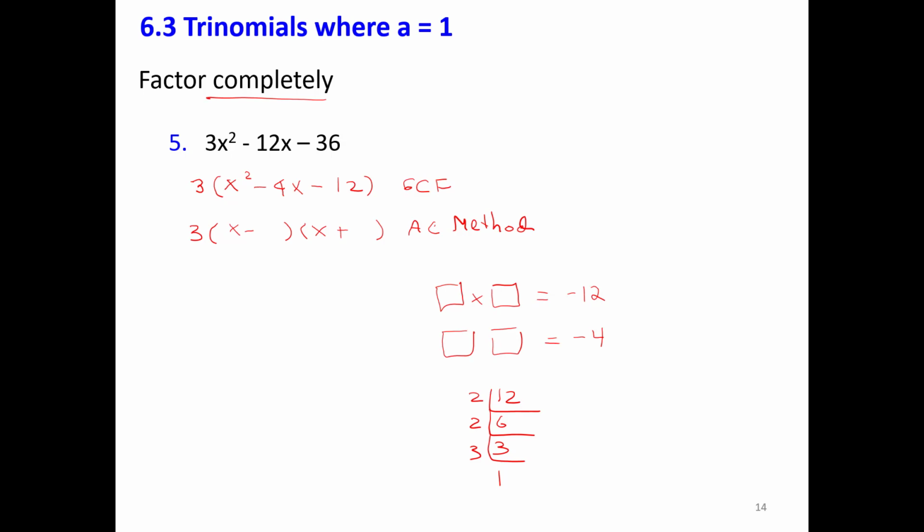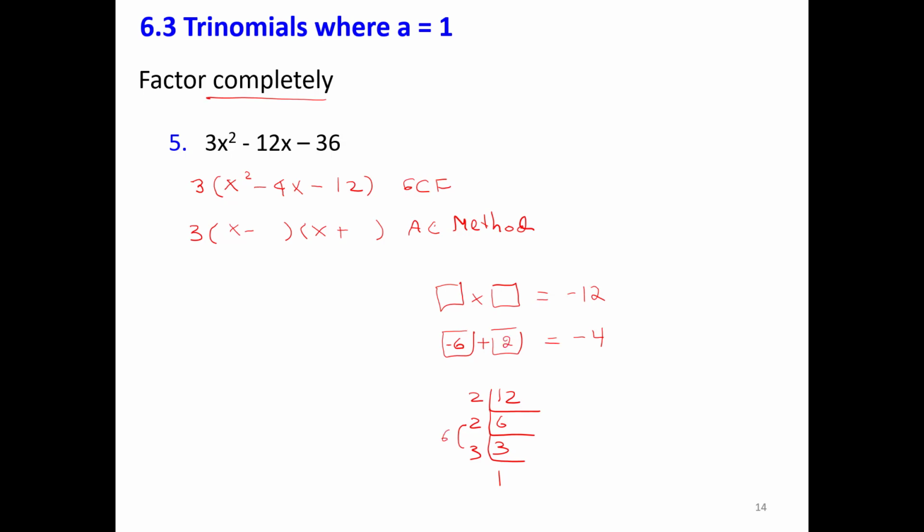Then we can try, for example, 6 and 2. See if this works. But we need to find negative 4. Yes, negative 4. And the only way to get negative 4 is negative 6 plus 2.